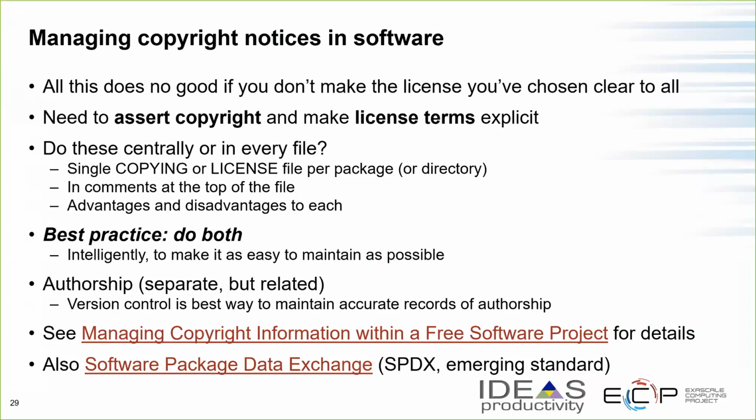Well, the best practice is to do a combination of both. And there are some resources down here that can help you navigate that in a sensible way. And one of the things to pull out is that oftentimes authorship and the ownership of the copyright are conflated, but there are ways to separate those out that can be useful and make things a little more sane all the way around.